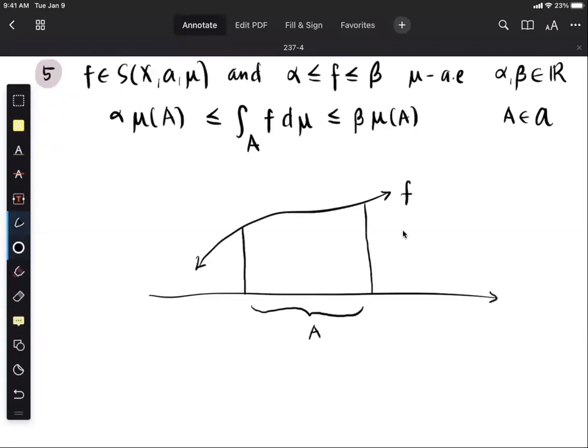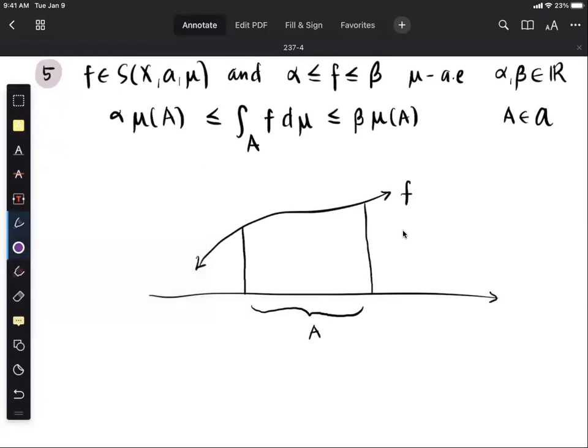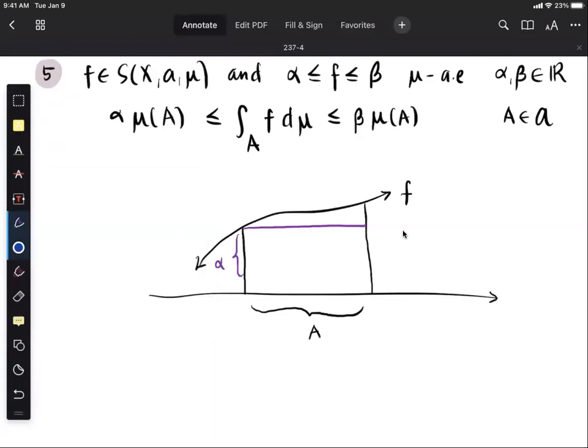Now, if you look at the lower bound, in this case, the lower bound is located at the left endpoint, and the upper bound will be located at the right endpoint, at least in this example. The upper bound would be this part here. So this is beta, the height of this rectangle.